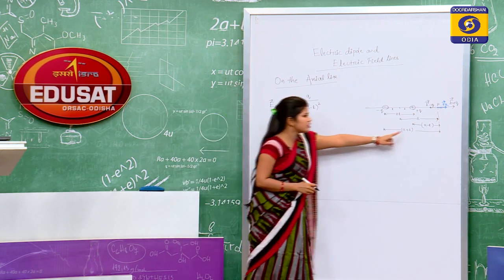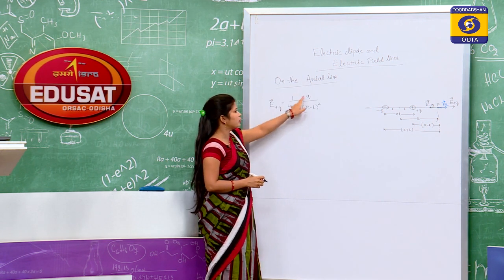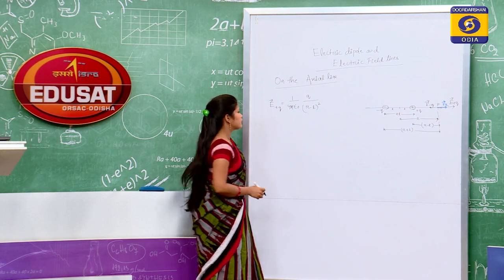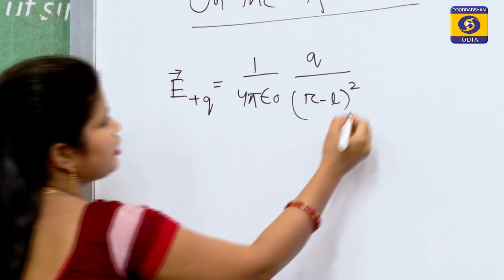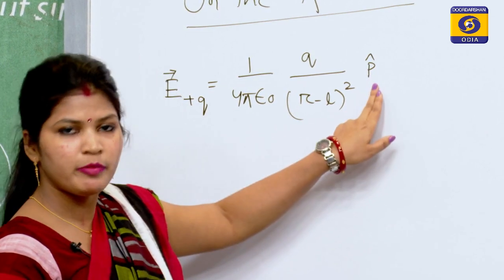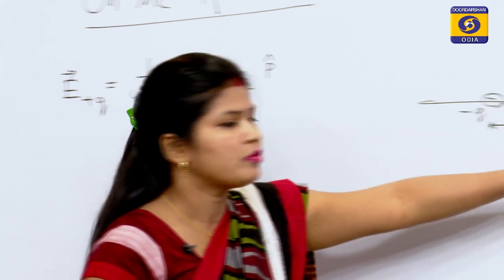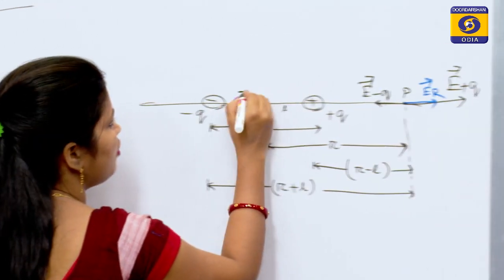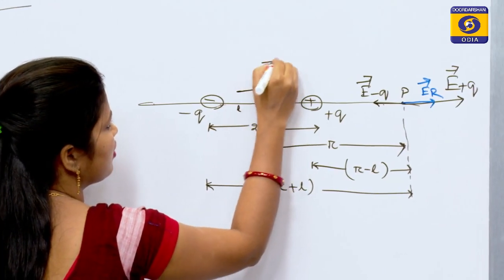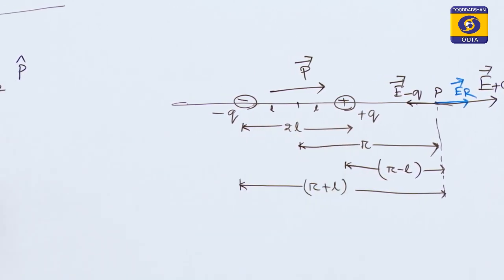So, here the distance is r minus L, so 1 upon 4 pi epsilon naught q upon r minus L whole square, and the direction is along p vector. p vector is the unit vector along the dipole axis from minus q to plus q, the direction of dipole moment.